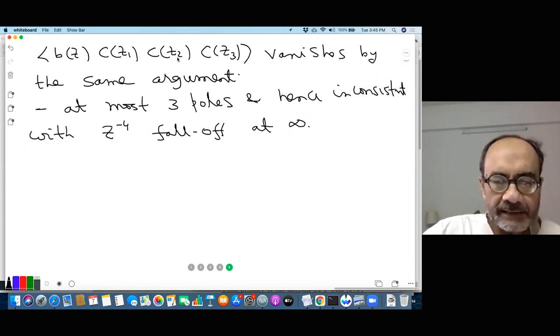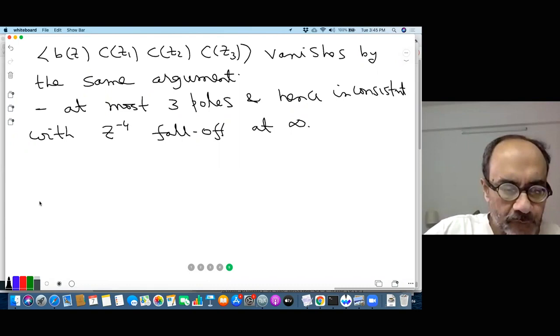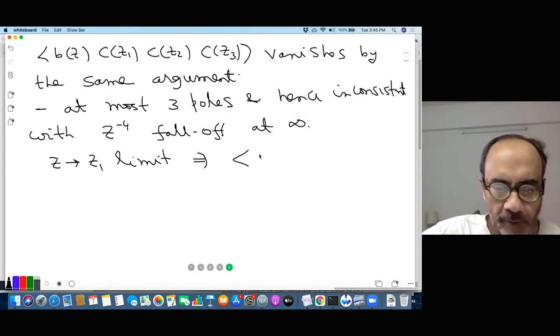The one that has a chance to be non-zero is the next one. Now let me also say that if we take the Z goes to Z1 limit, it will tell us that the 2-point function of C must vanish.